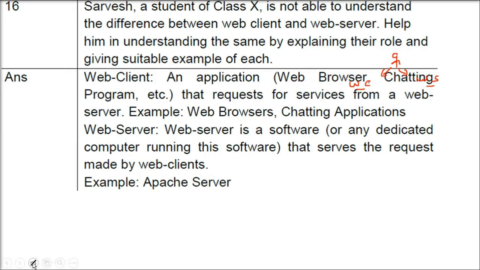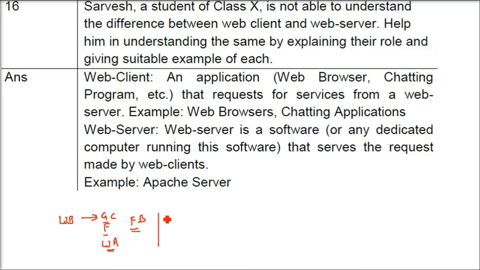So let me just clear it first. Okay. Web client. Whenever you open a web browser or anything on internet with a certain application, for example, you open your Google Chrome, say you open Firefox, this is your web browser. Even in web, with all the protocols which are running, WhatsApp, Facebook Messenger, all these chatting applications.